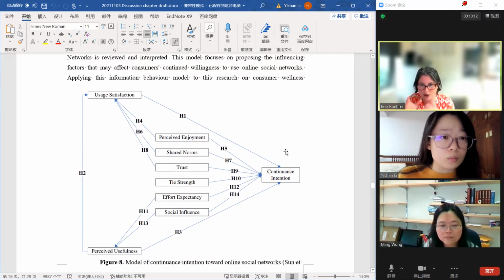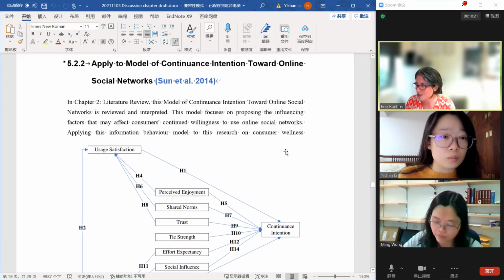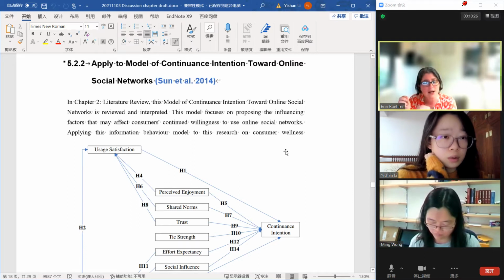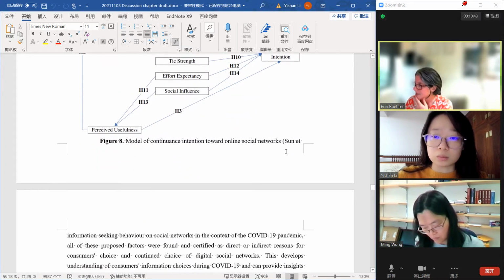That conflict could be linked to the idea that it's not necessarily perceived enjoyment. It's more the satisfaction of getting what they need. So see how you can twist it slightly. In your discussion you could say, for this research, it may not be perceived enjoyment. It may actually be the satisfaction that they've found what they need, or they've got the protection that they want. So there's further discussion.